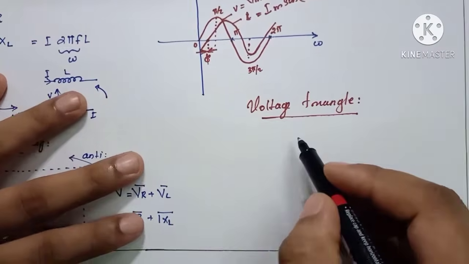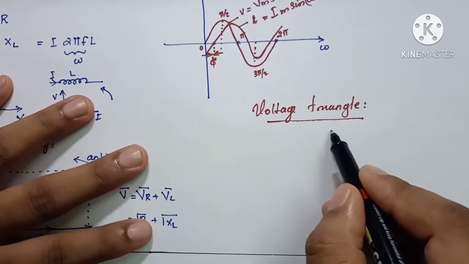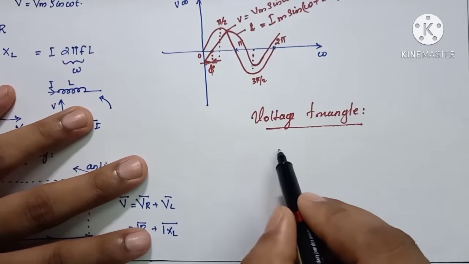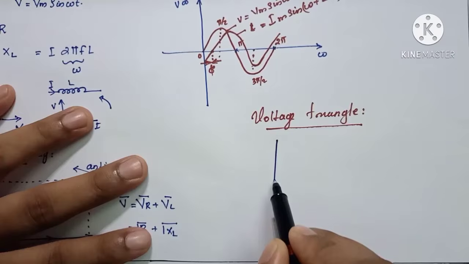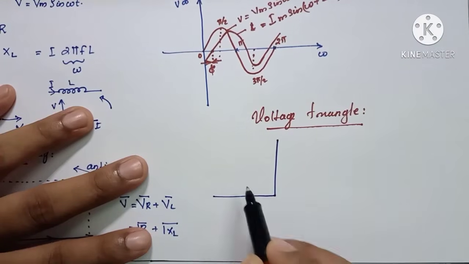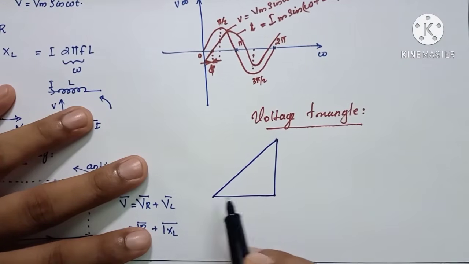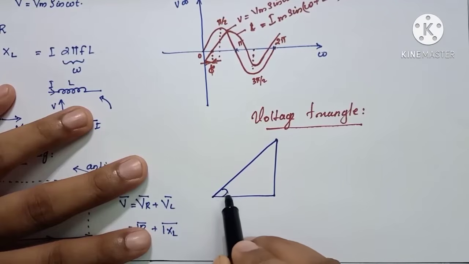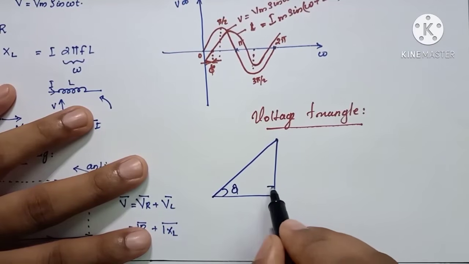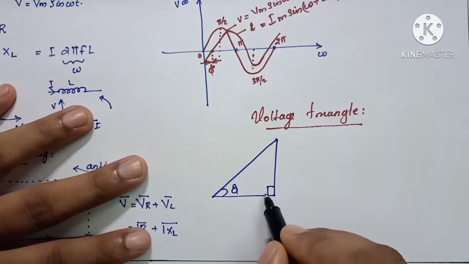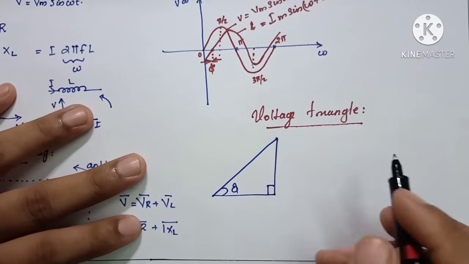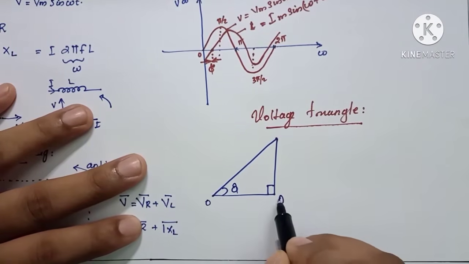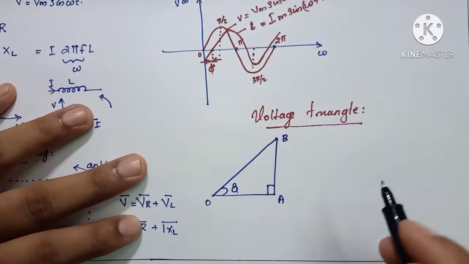We can draw the voltage triangle here. Okay, it can be phi, and it is exactly 90 degrees, with points O, A and B.